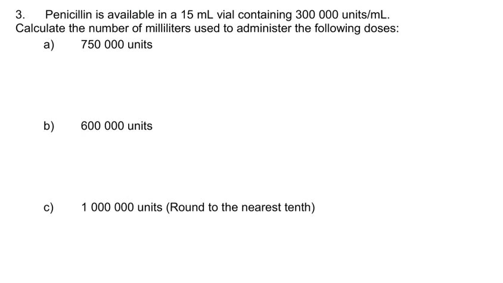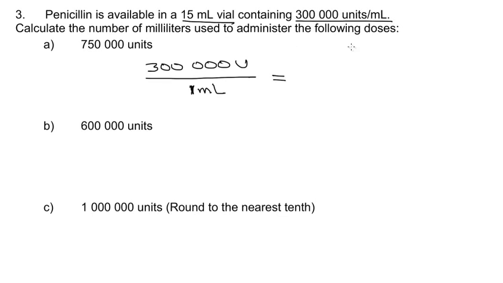Question 3. Not very different from the previous one, but let's get through it. They tell us the size of the container, which again is mildly interesting, but the part we truly need is the strength. 300,000 units per milliliter. 300,000 units, international units if you like, in a single milliliter of this stuff.